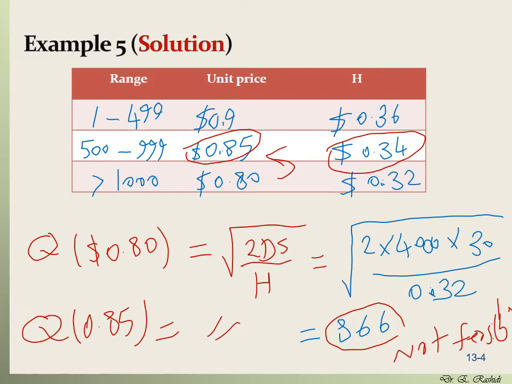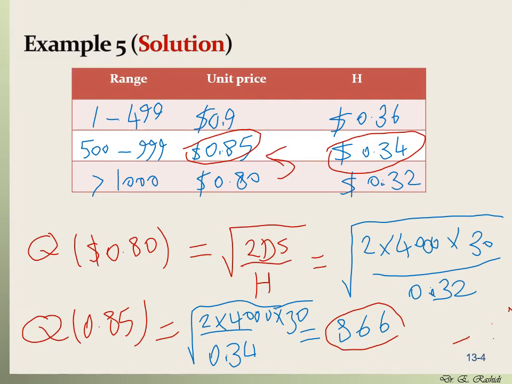We plug in the numbers, which are all the same except for the carrying cost, H, which would be 34 cents here. So the denominator would be 0.34, and this would be 2 multiplied by 4,000 multiplied by 30. If you do the math, the quantity that you will get is 840.